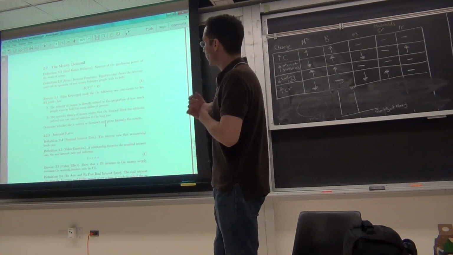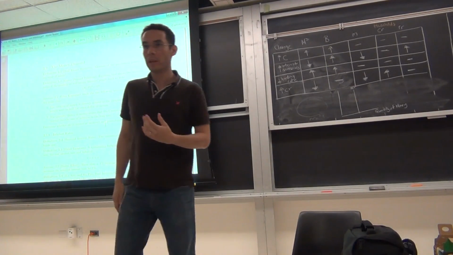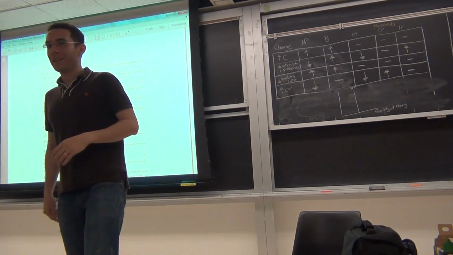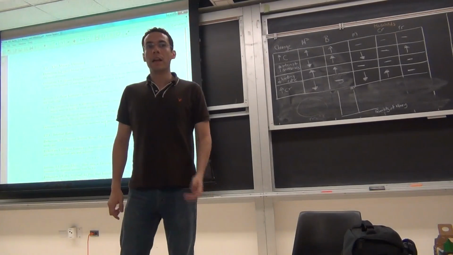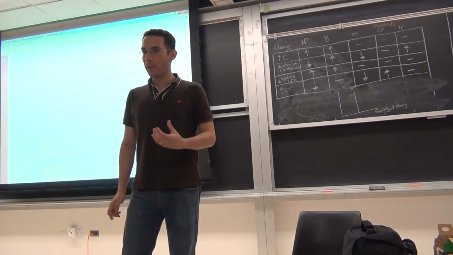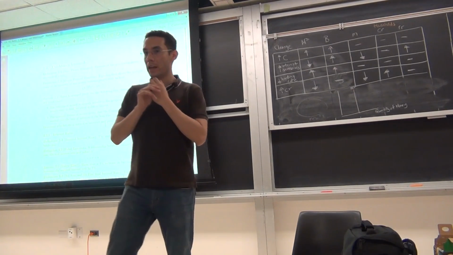So even though we have money in our model, once again, we don't care about nominal variables, right? In the end, what we care about is real variables. So that means I don't care about the actual money.